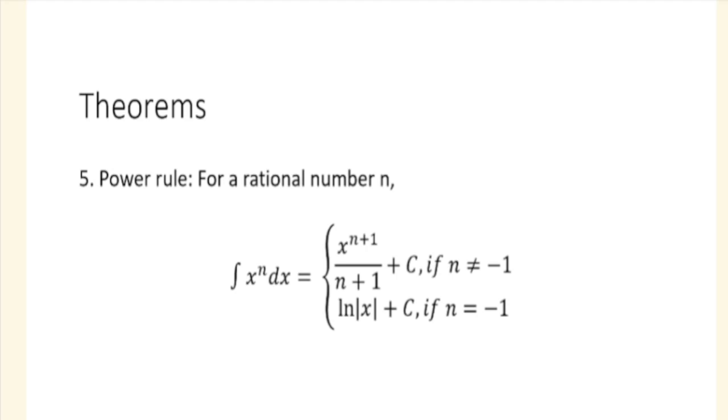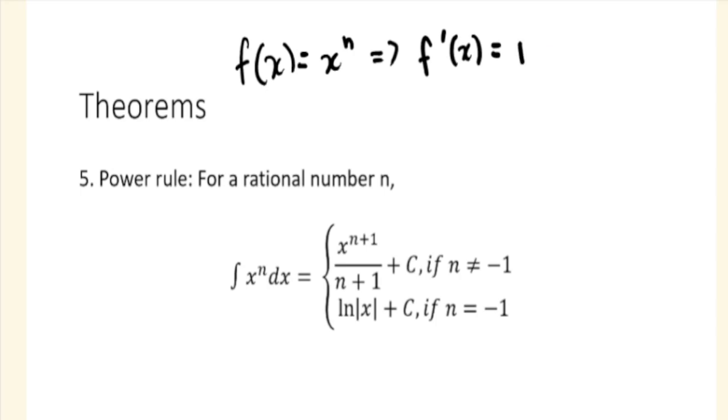Kung i-recall kasi natin, if we have f of x equal to x raised to n and we want to find its derivative, ito ay magiging n, bababa natin exponent, tapos yung exponent ng derivative niya ay mababawasan ng isa. So basically, binaliktad lang natin yun para makuha natin yung formula for antiderivative.